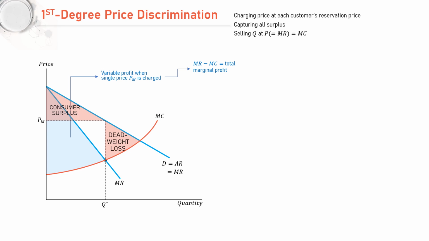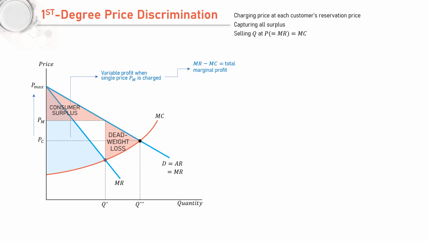With MR equals P, the firm's production will be at this intersection point, producing Q double prime. But this competitive price is not the only price, because the firm also charges all prices above the competitive price up until Pmax here.